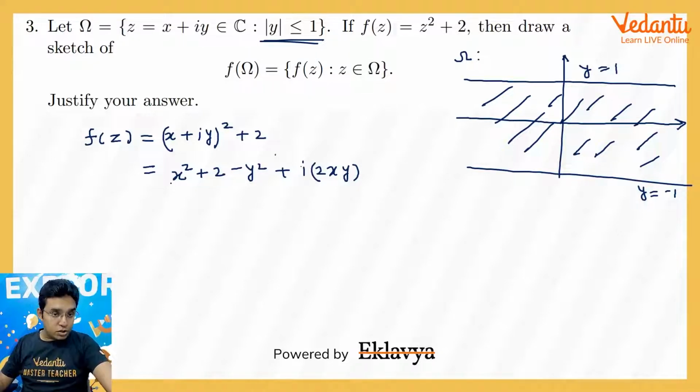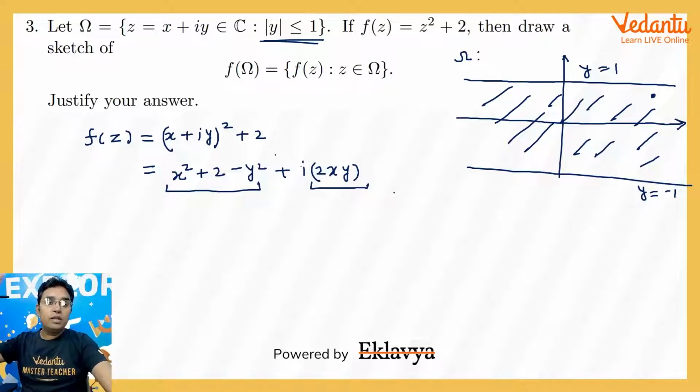Now we have to see that corresponding to some x comma y of this omega, how this real part would be, how this imaginary part would be, and how this f(z) will be shown on the Argand plane. Let me take this real part as capital X and this 2xy as capital Y, the imaginary part.